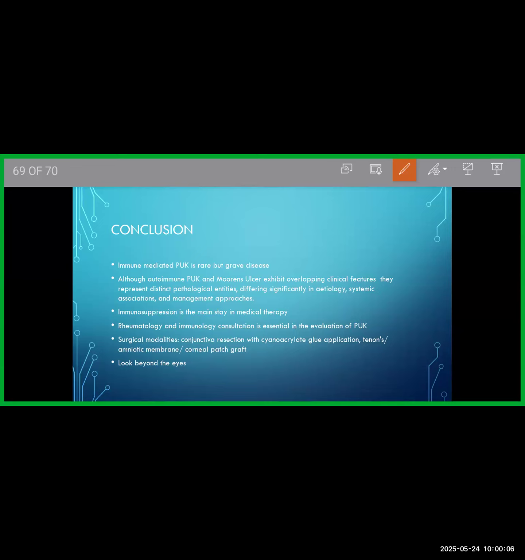Once there's scleritis, then our focus will be more on peripheral ulcerative keratitis. However, it has been said that some bilateral cases of scleritis might be seen in bilateral Mooren's ulcer, but it's not typical for Mooren's ulcer to have scleritis.